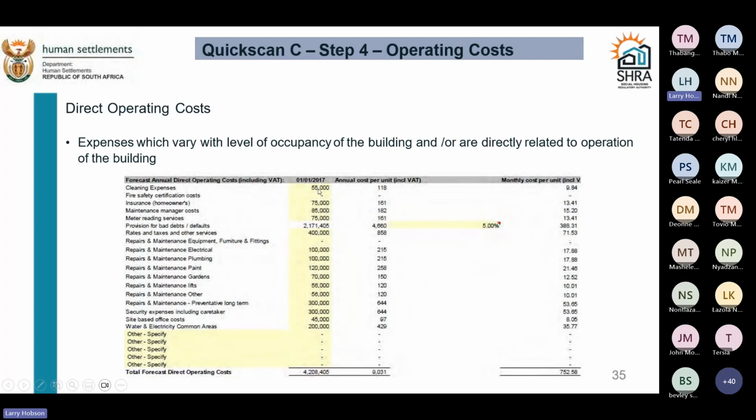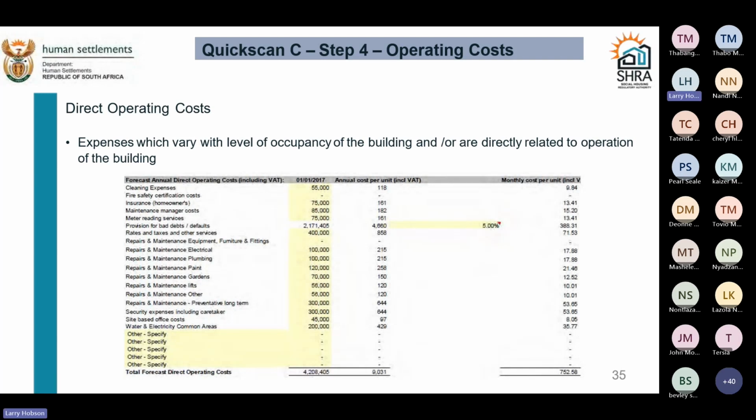In this example, and in the Quick Scan C as well, we enter annual costs in the yellow column here, except for provision for bad debts, where we enter a percentage in the middle column. And so that's your expected provision for bad debts.